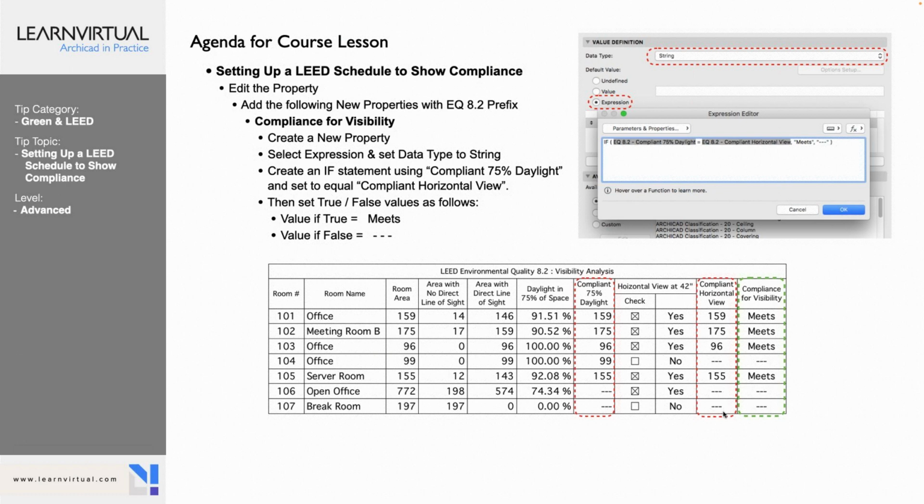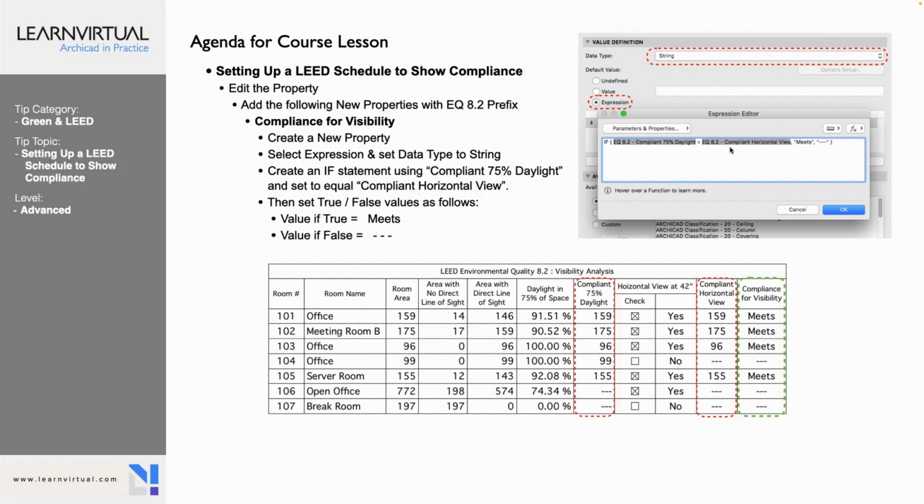And that's where this next piece comes in. This one basically takes both the compliant 75% daylight and the compliant horizontal view and says that both of these must be true in order for this to show meets.